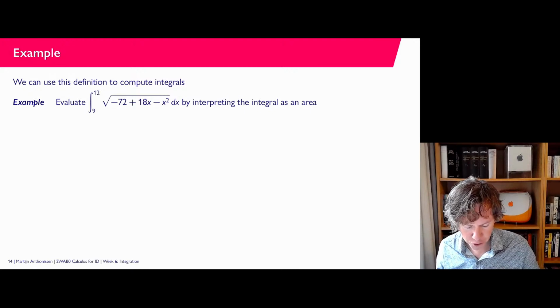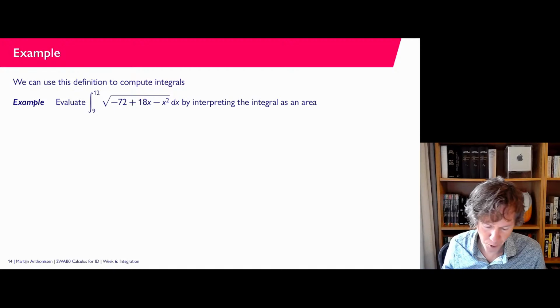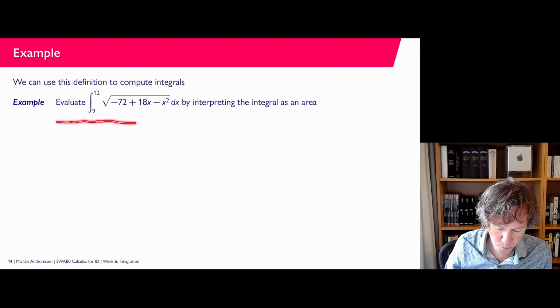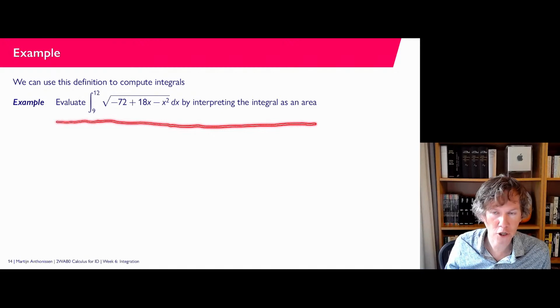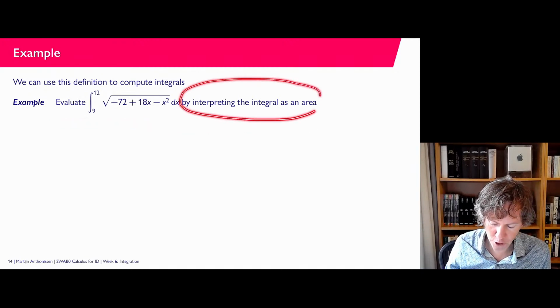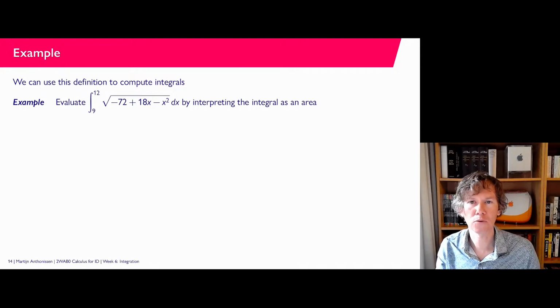So you could, for instance, have this question from the online questions. Evaluate the integral from 9 till 12, square root blah blah blah dx, by interpreting the integral as an area. And this, by interpreting the integral as an area, is a kind of code word or phrasing that means do not try to compute it, but look at what it actually says.